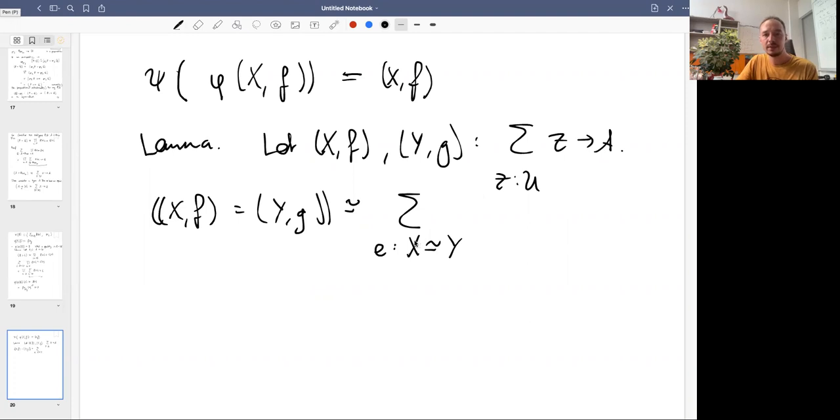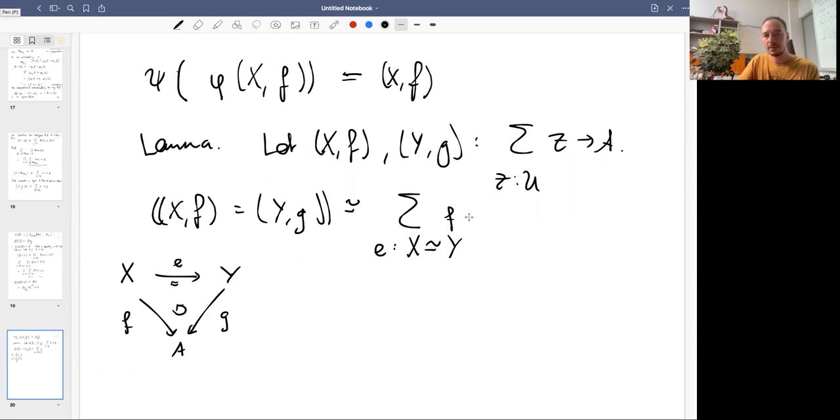And if you have an equivalence from X to Y, then you can draw maybe a little triangle with A, and here we have f, and here we have g, and if we already have this equivalence, now we can ask that this triangle here should commute.